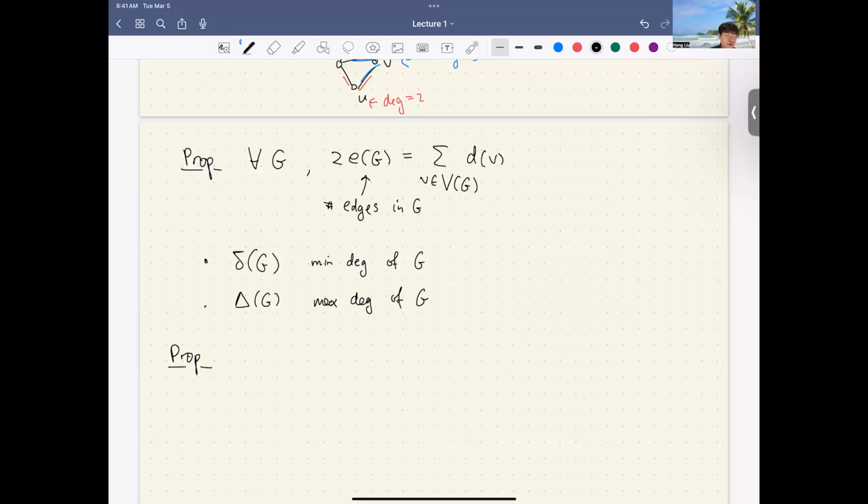Perhaps one of the results we learn, before this, maybe let me mention subgraph containment, the definition.